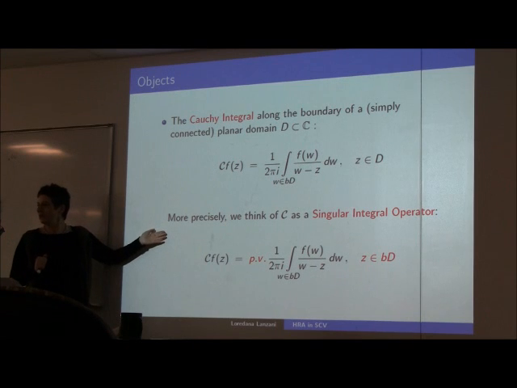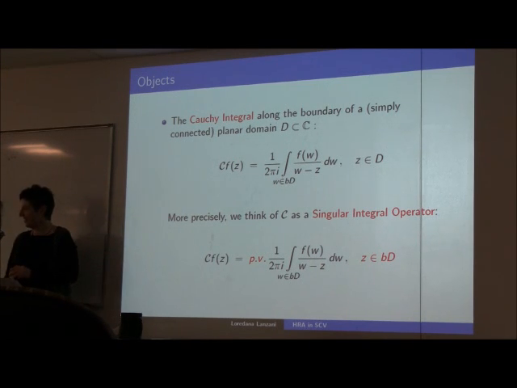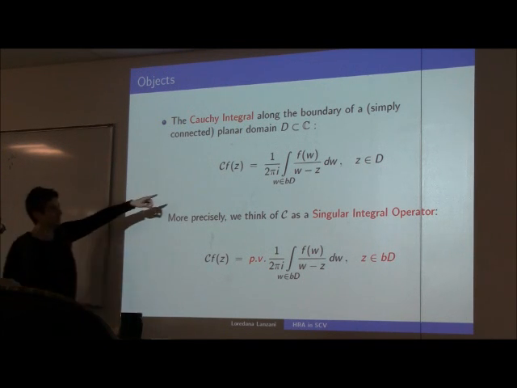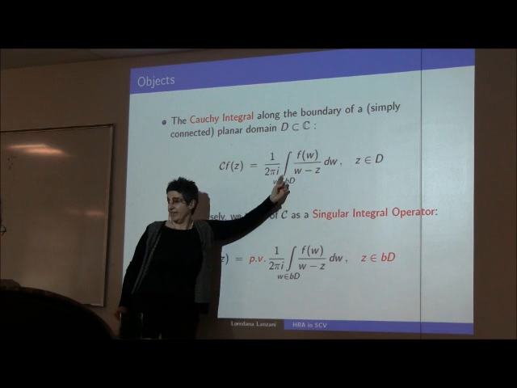However, from the point of view of harmonic analysis, this is not enough. In other words, you want to allow for the evaluation point Z to actually also be on the boundary. And once you allow that, then W at some point will be equal to Z, and so this denominator becomes problematic.